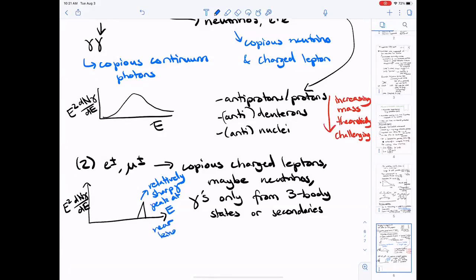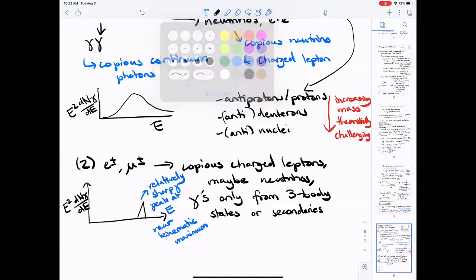So if we've got just two dark matter particles annihilating, the kinematic maximum is two particles come out and each have energy equal to the mass of the dark matter. If there's a photon that's radiated along with those electrons, you end up getting a relatively sharp spectral peak for that photon. This is sometimes called the final state radiation peak near the endpoint.